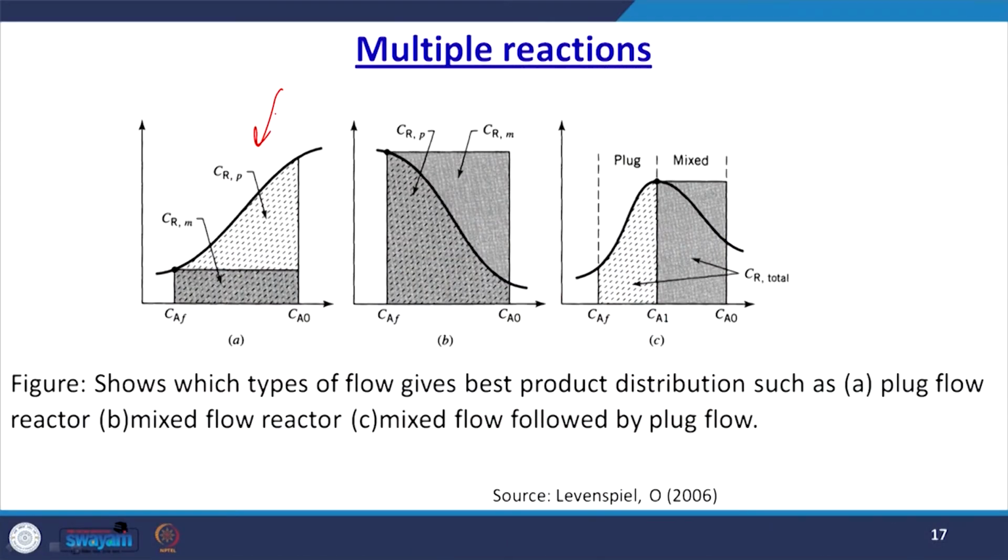Sometimes you may have a plug flow reactor over here, then a mixed flow reactor, and then a mixed flow reactor followed by a plug flow reactor. So sometimes you need to carry out such an evaluation, such a calculation, to assess which kind of reactor configuration is useful for your desired product distribution.